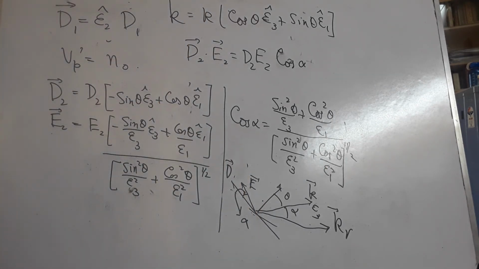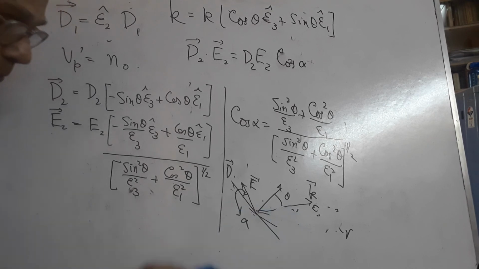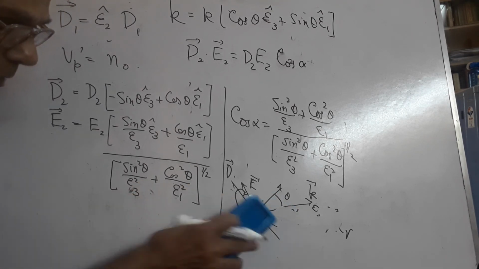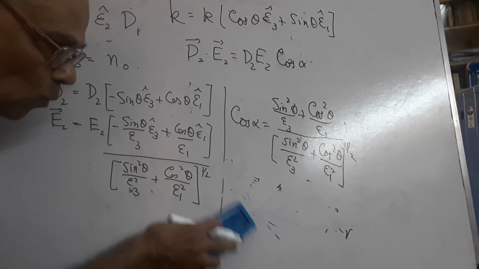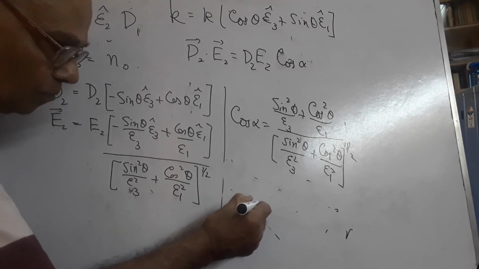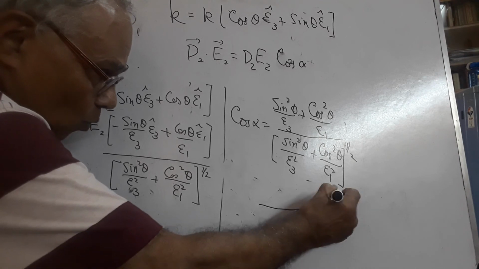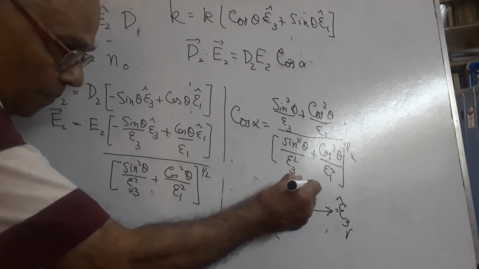My diagram is poor, so let me redraw that. My epsilon 3 is in that direction, and my K is in that direction.